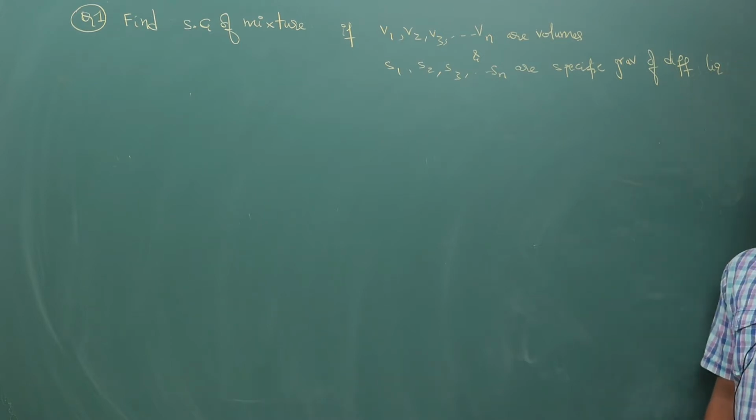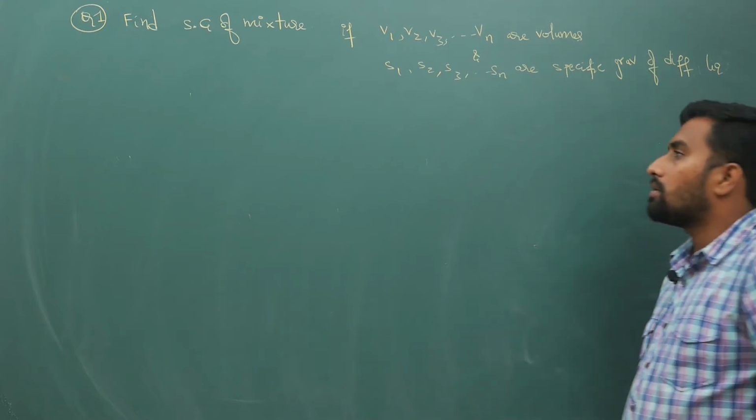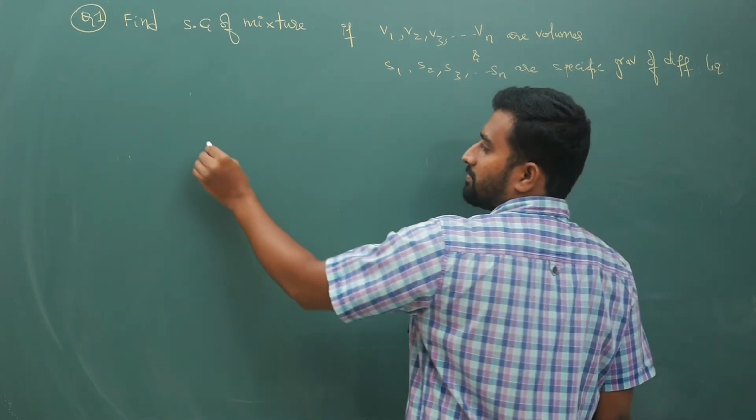Now try to give the answer. Many people will think the answer is sigma s by sigma v. It is wrong. Don't give such silly answers.